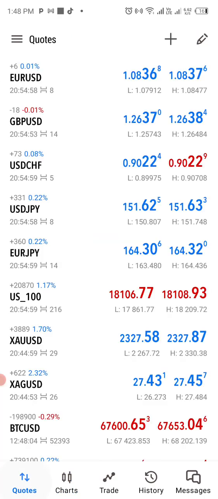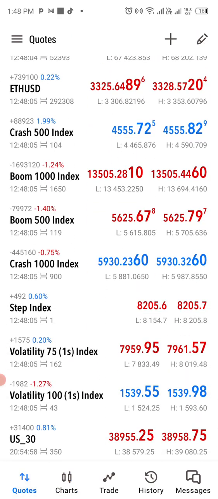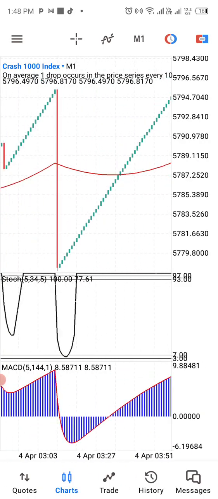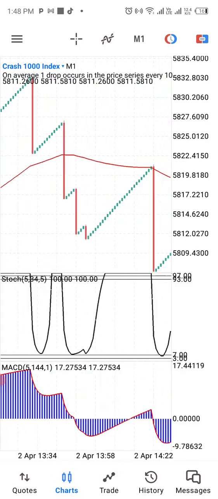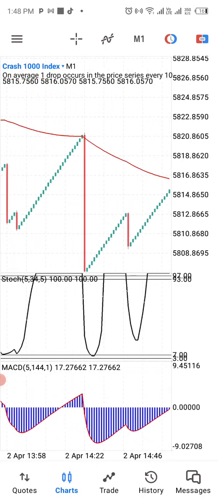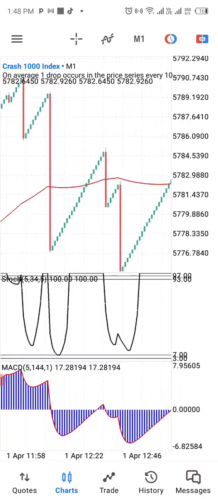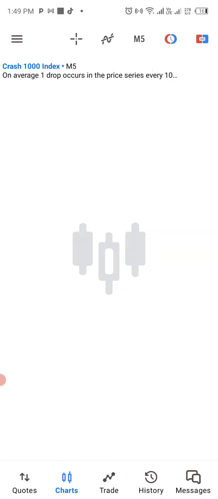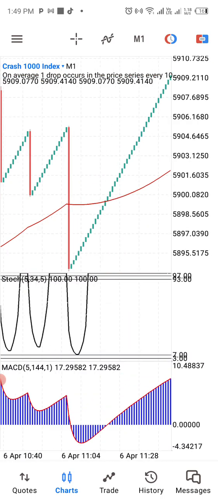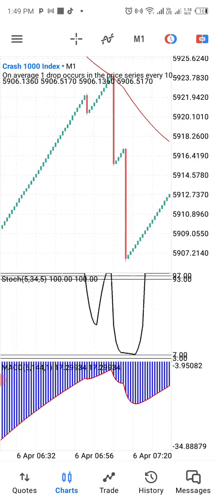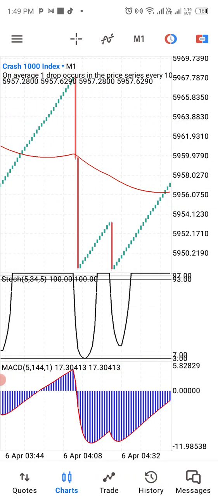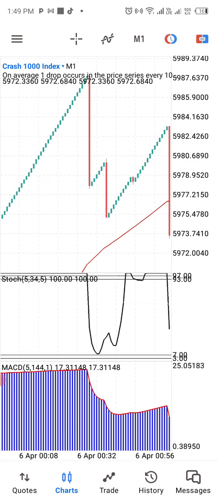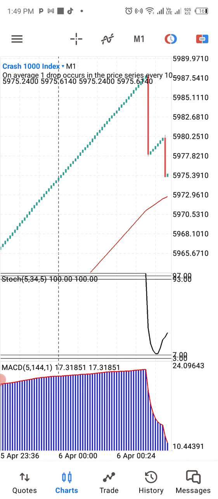Let's check if we can get signals on crash 1000. So let's move from the beginning of the section. Now, the section begins here.